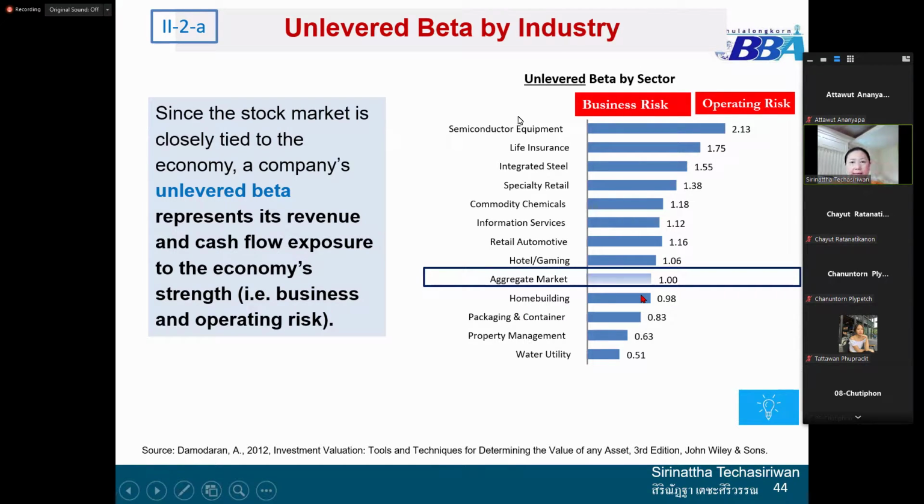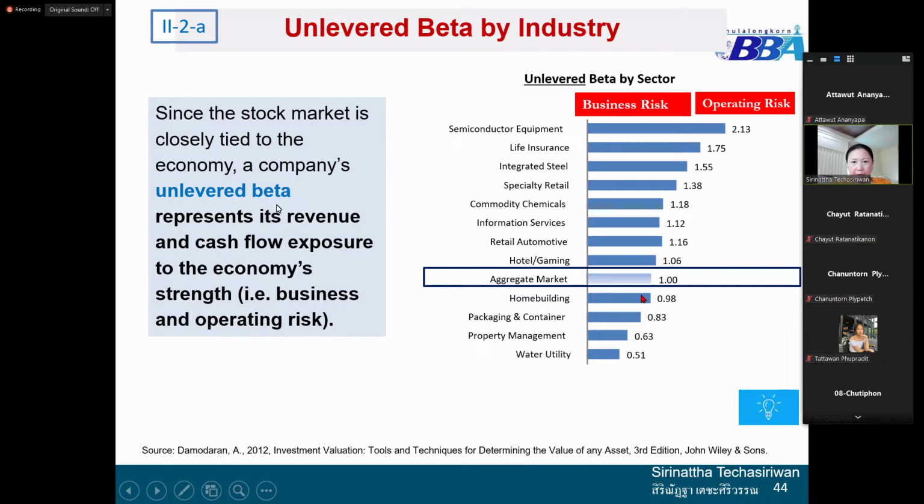This slide suggests that when you estimate unlevered beta, which is supposed to represent business risk and operating risk, the level of beta should really reflect it. This is a plot of the level of unlevered beta by sector.